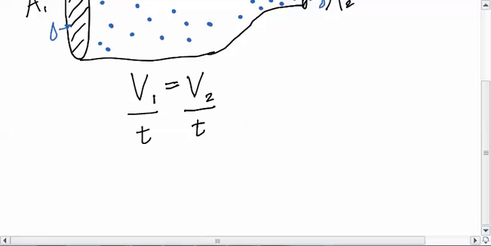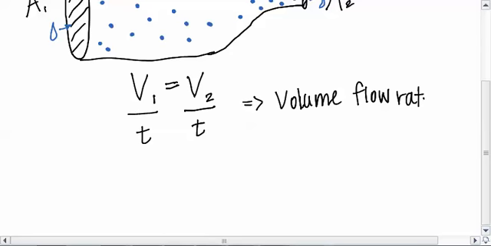So the volume flow rate is continuous. This is called the volume flow rate. Any questions so far? Volume flow rate? Volume per time?